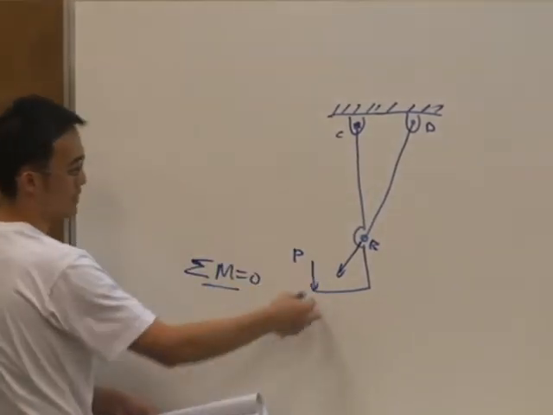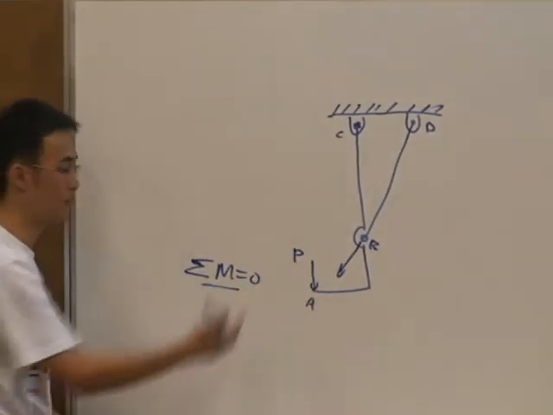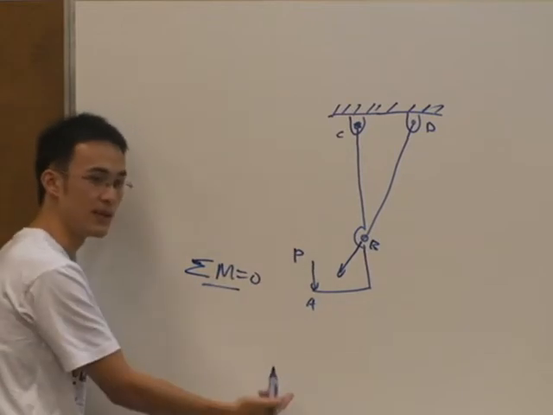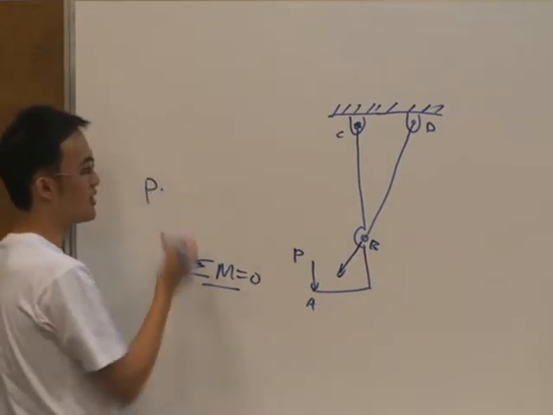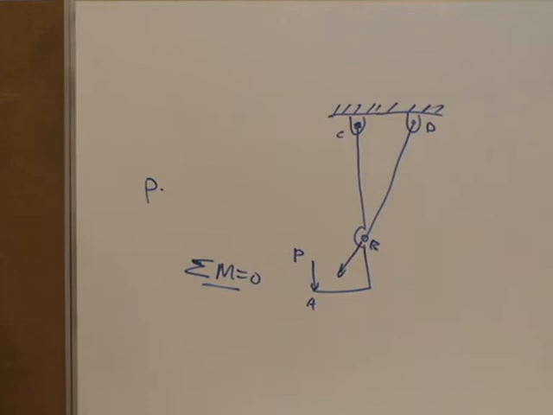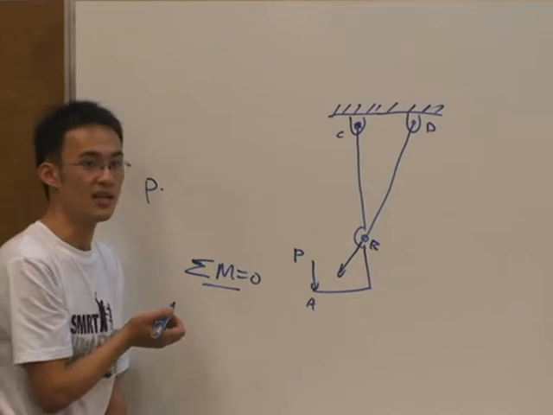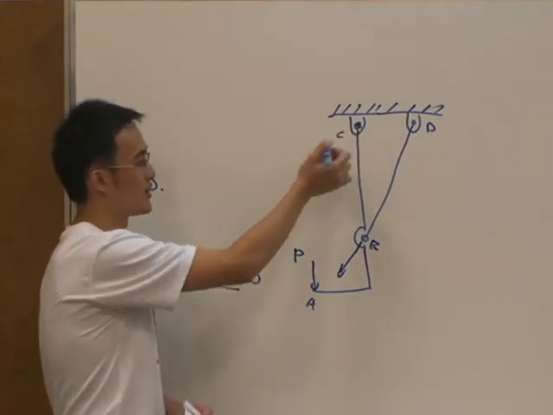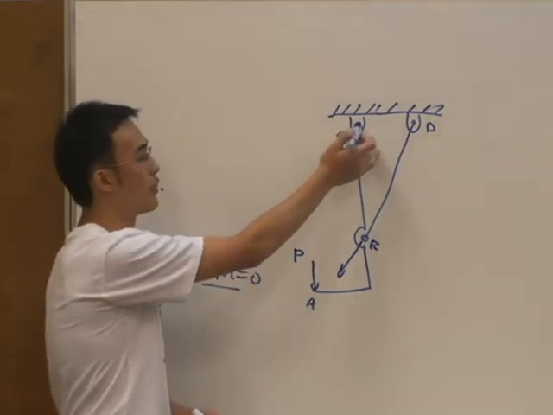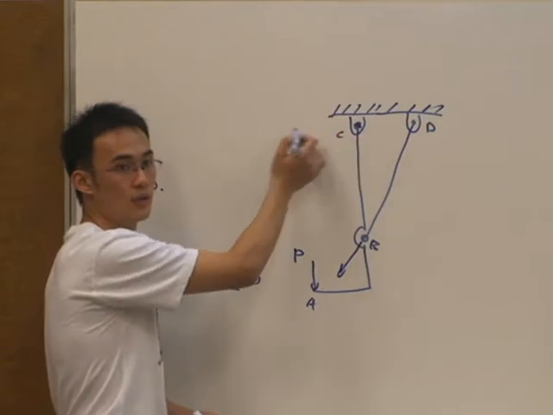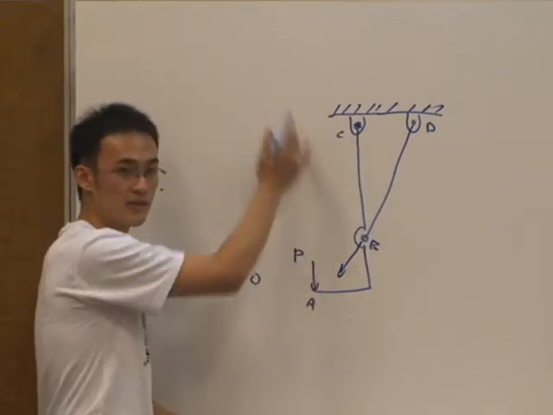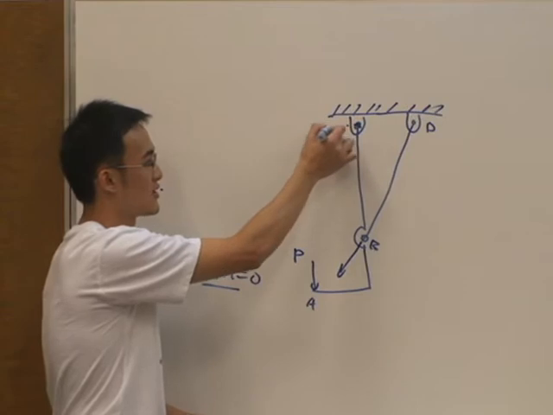Moment 1 will be the moment created by this force P, which is P times its force arm. What is its force arm? What's the force arm of P? The force arm of this force P is the distance from the point of analysis to the force.